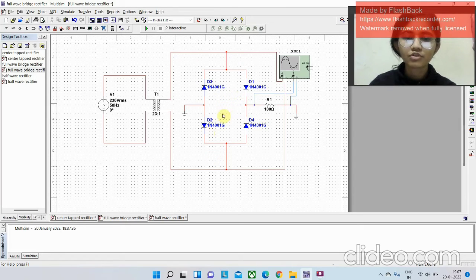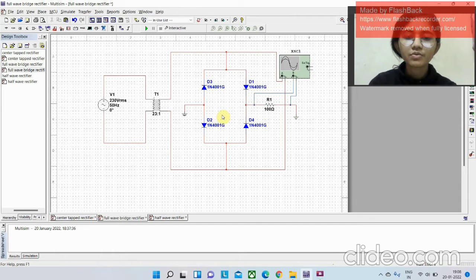Two of them are in the forward bias, and the other 2 are in the reverse bias. D1 and D2 here will be in the forward bias, and D3 and D4 will be in the reverse bias.